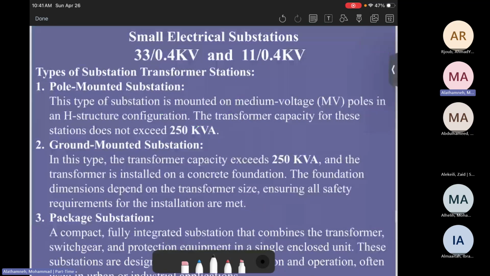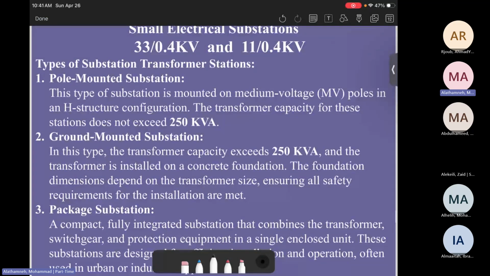Then again, there are several types. The first type, pole mounted, and it is on the H or double pole, if it is below 250 kilovolt ampere.